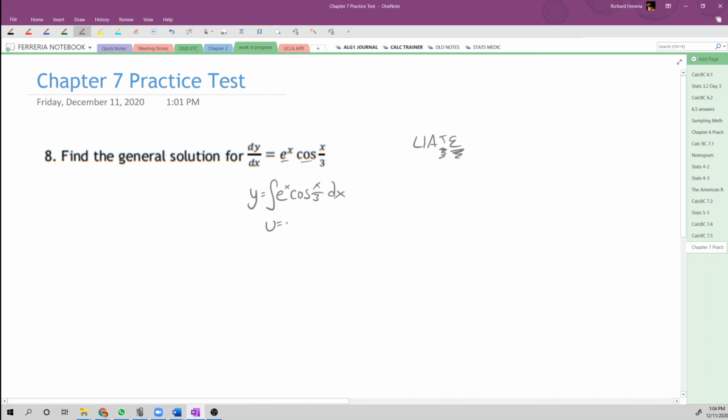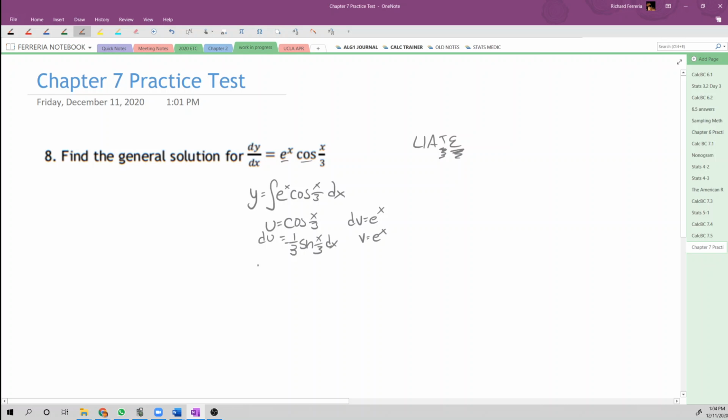So u equals cosine of x over 3, and dv is equal to e^x dx. The derivative of u is negative 1/3 sine of x over 3 dx, since the derivative of cosine is negative sine. And v is equal to e^x. That's a pretty easy antiderivative.